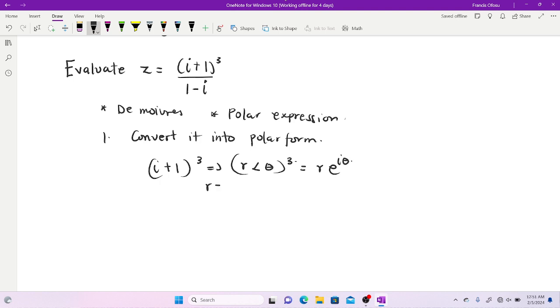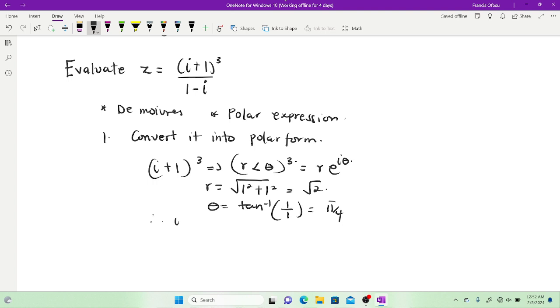Now let's find r. r is simply equal to the square root of the coefficient here, 1 squared, plus the number here, 1 squared. This is going to give me square root of 2. My theta is simply equal to tan inverse of the coefficient of my imaginary number over my real number, and that is going to give me pi on 4, which is the same as 45 degrees. So here I'm using pi on 4.